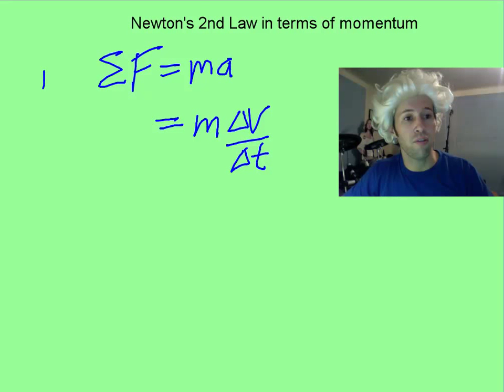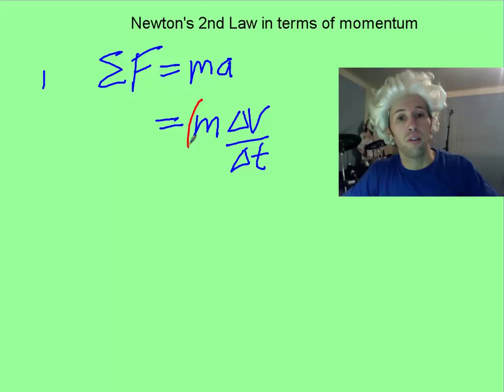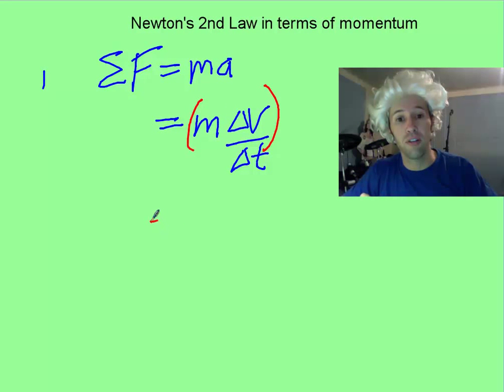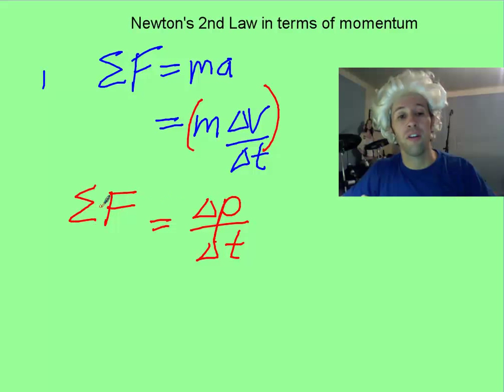Now, if you look at this term on top, mass times velocity is momentum. Mass times delta v is going to be change in momentum over delta t. So here is Newton's second law in terms of momentum.